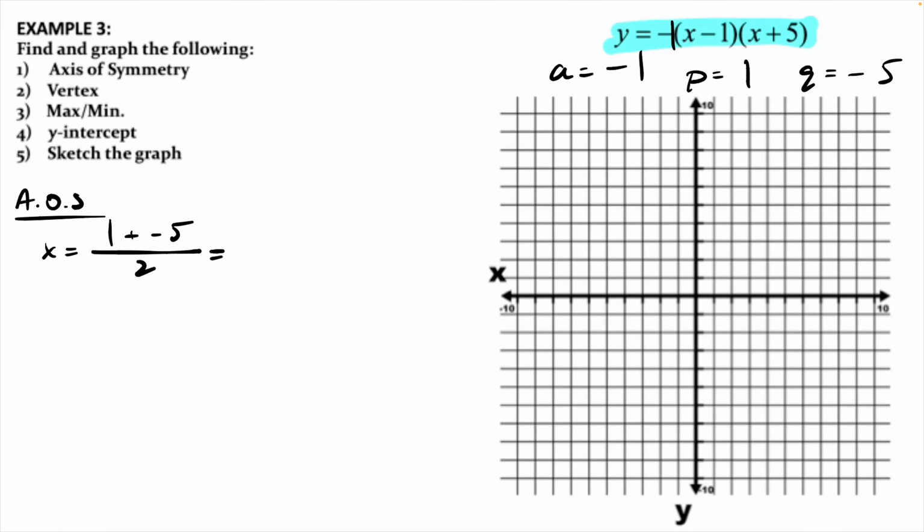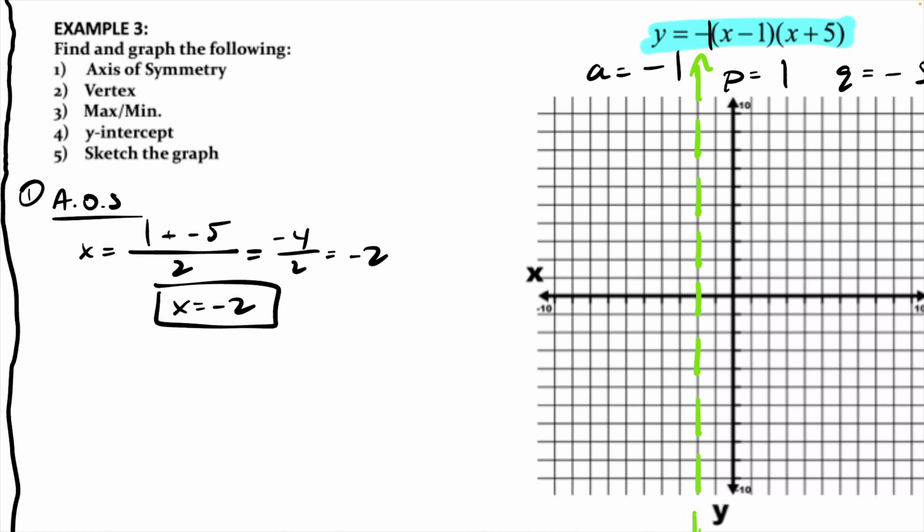Yeah, P and Q, opposites. 1 plus a -5 is -4 divided by 2. -2. That's going to be my mirror line. Done.